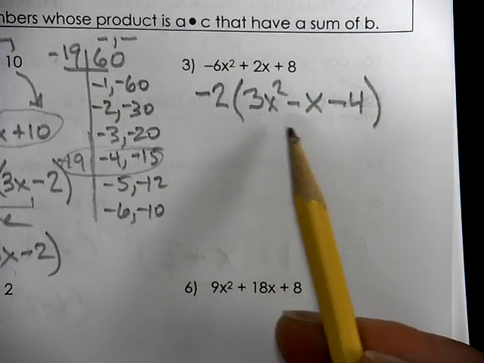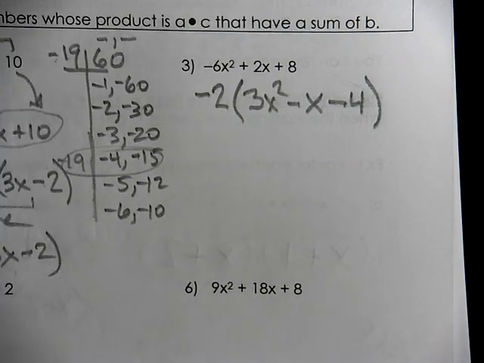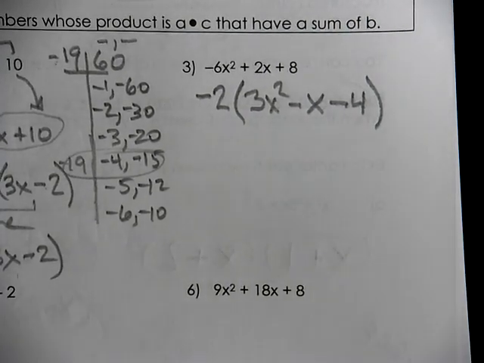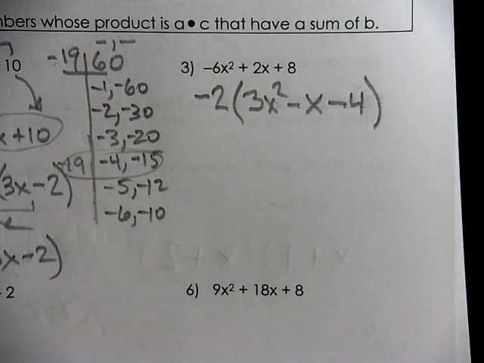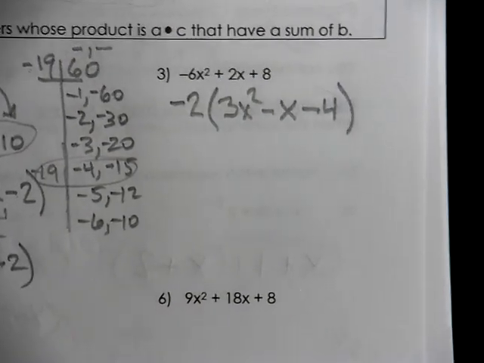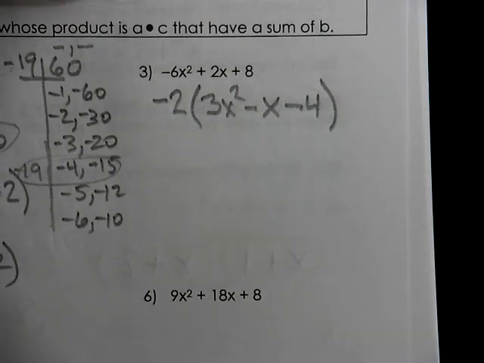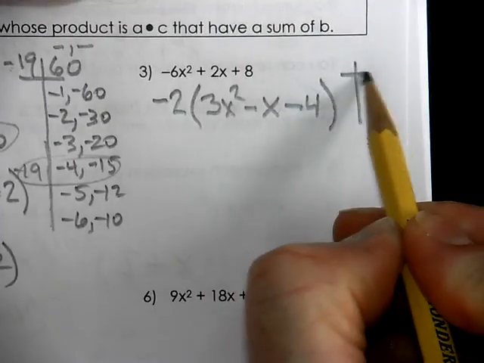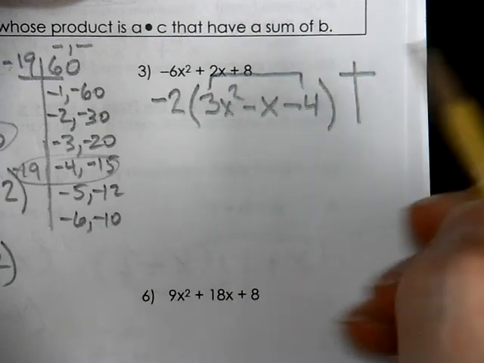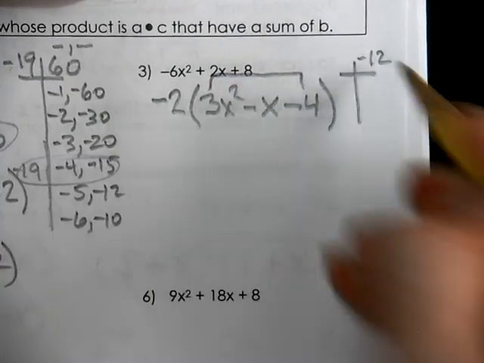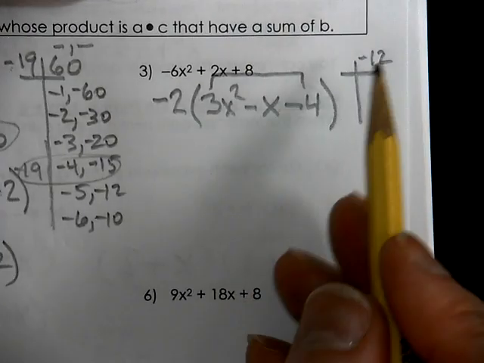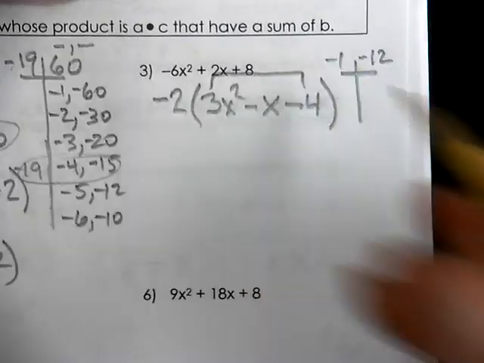And if you can work ahead of me, you've got to make the decisions on what to do. Don't sit here and copy. Try to decide. I try to keep pausing a little bit so you can consider what's next. Our A times C makes negative 12.